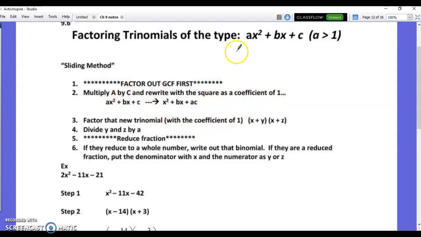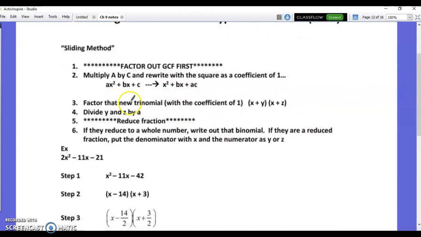After you do A times C, you put that answer here, and then just write your x squared or whatever, where that coefficient is 1. And then you factor how you normally would, with the double parentheses, where you go here and do your x and your x, which we've done before. And then you put in whatever your answer might be here.